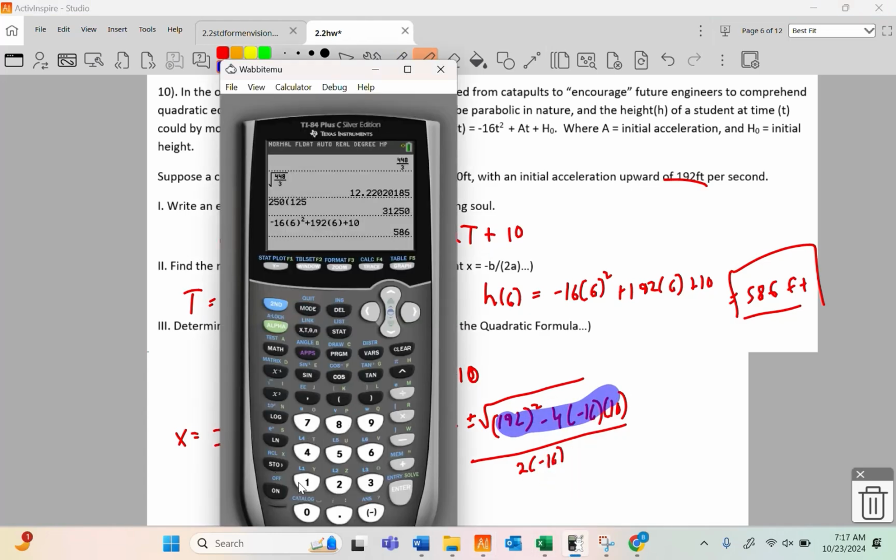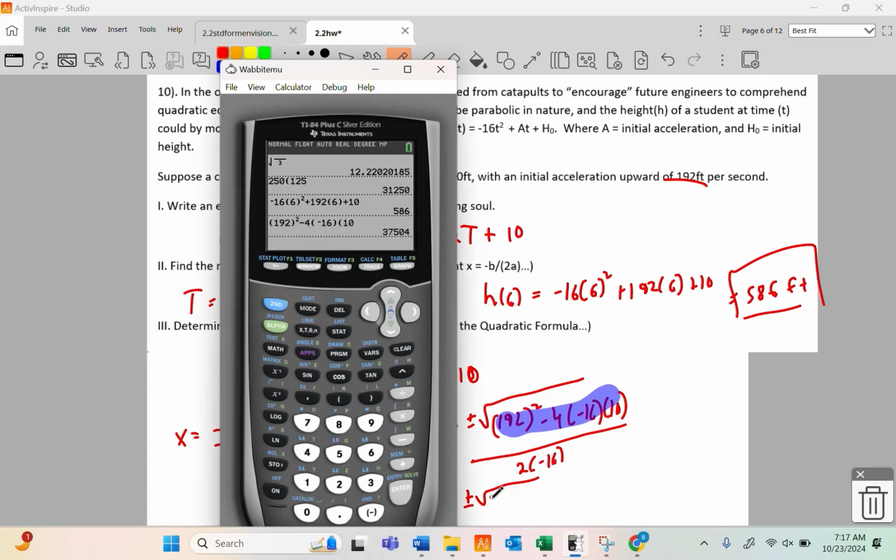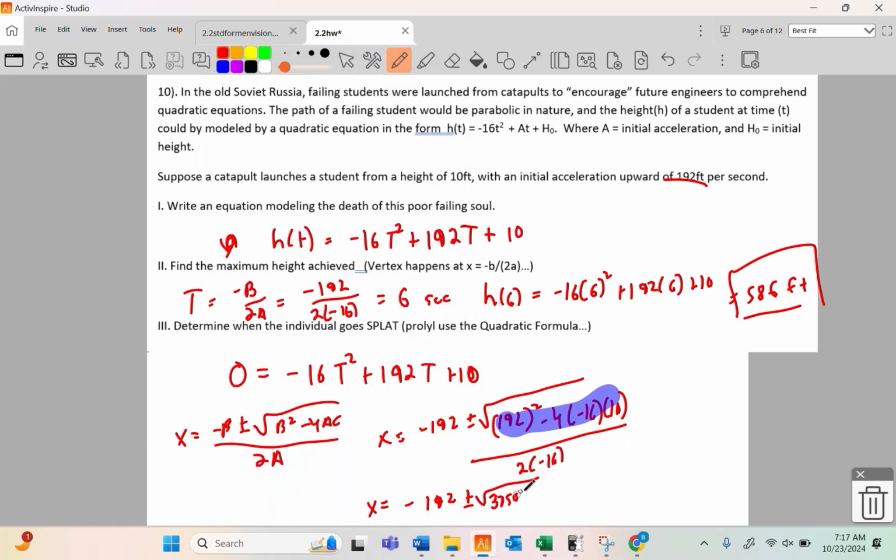The discriminant was 192 squared minus 4 times a negative 16 times a 10, which is 37,504. And both these pieces are sitting over negative 32.